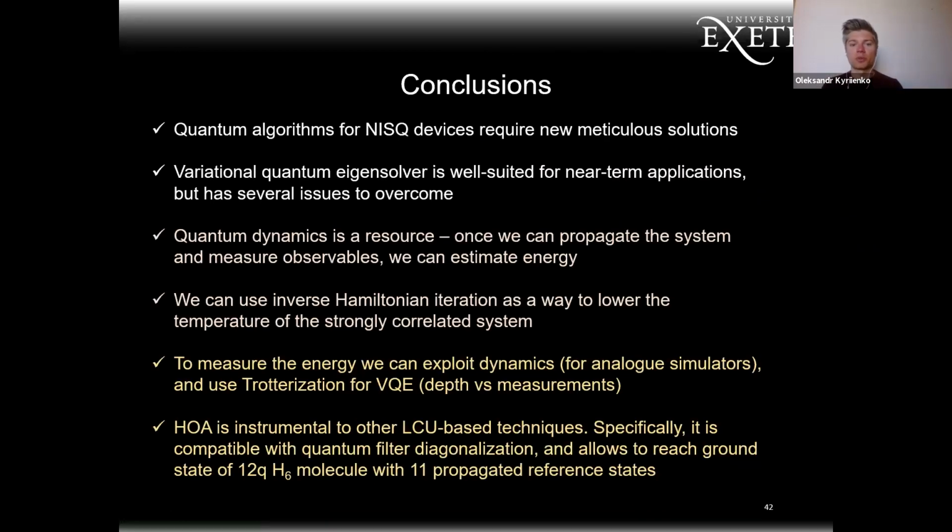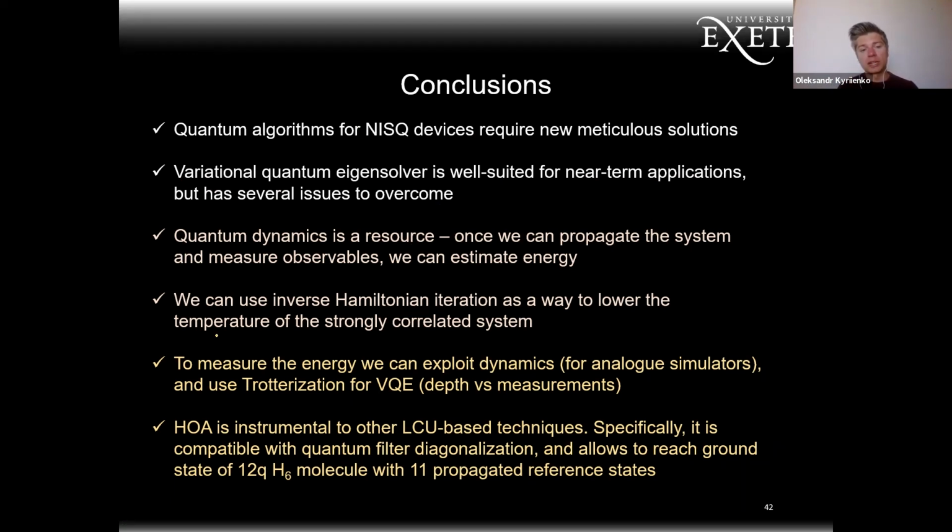So the conclusions will be: NISQ algorithms require new solutions for near-term devices. We require new quantum software solutions, and the variational quantum eigensolver works really well, I must say, as long as the system size is not large, but it has some issues like barren plateaus and measurement.